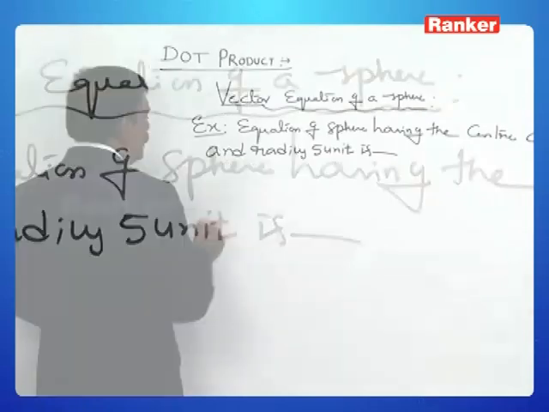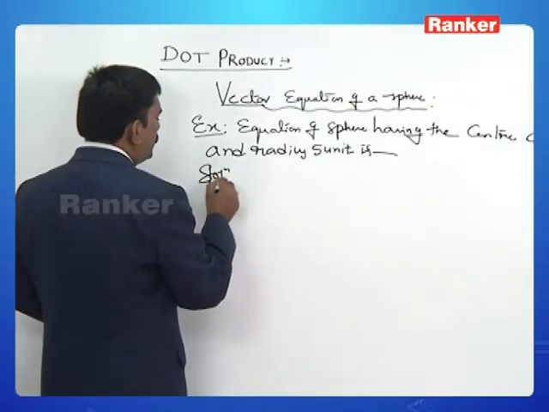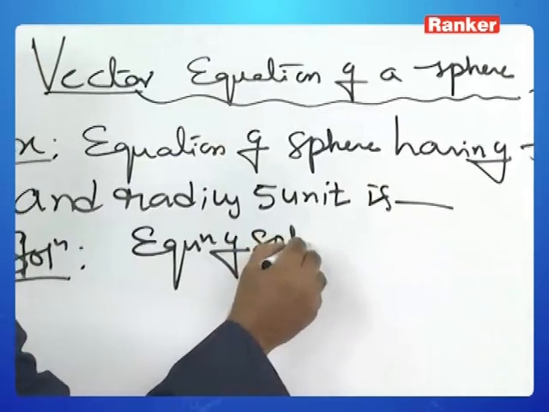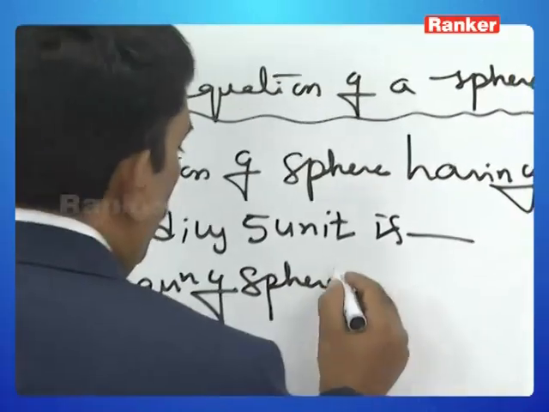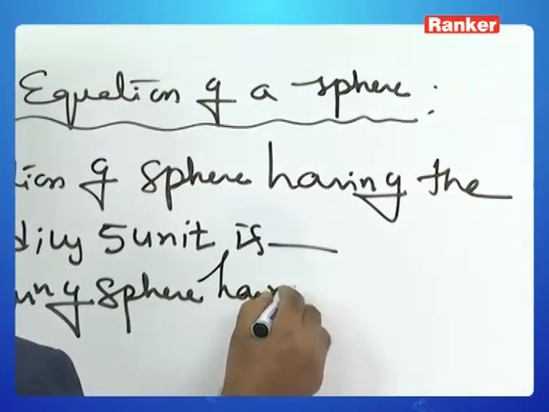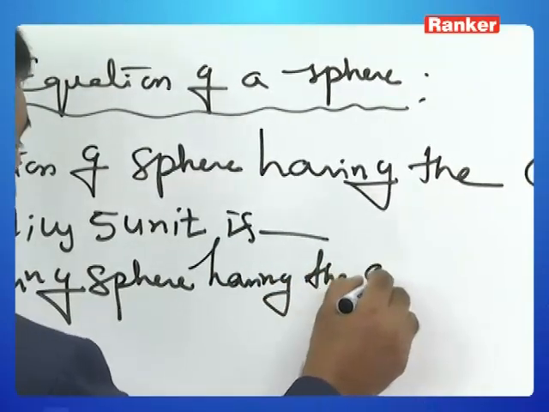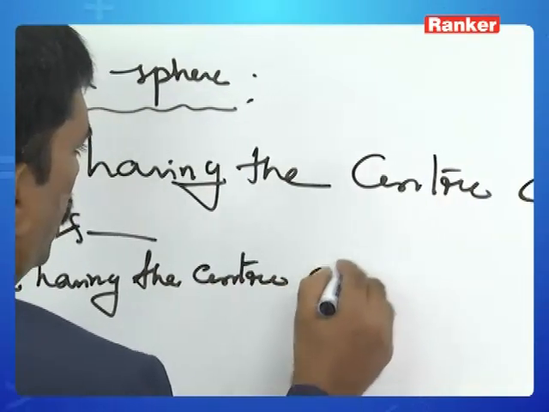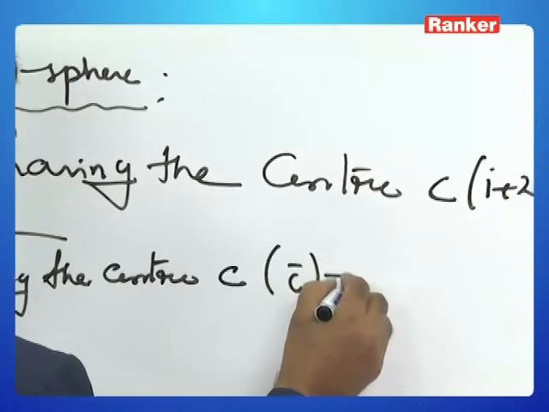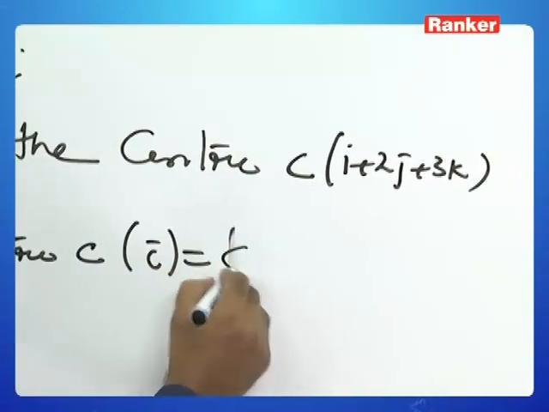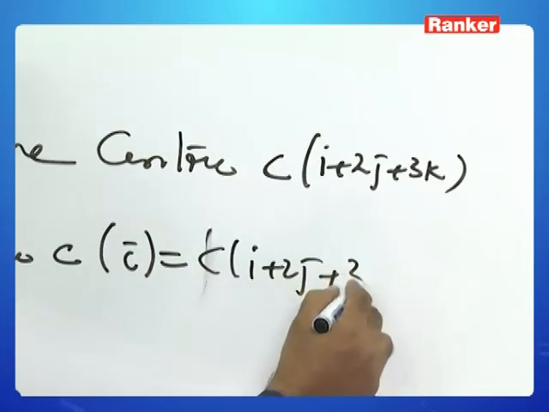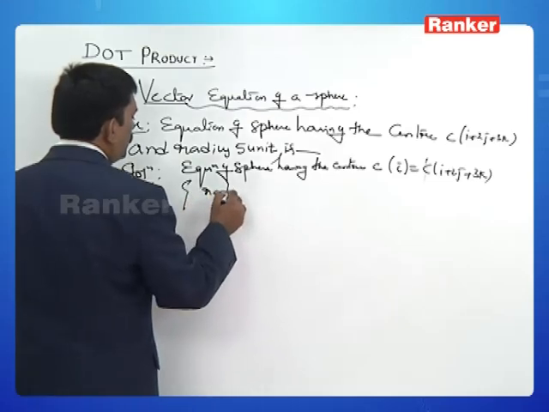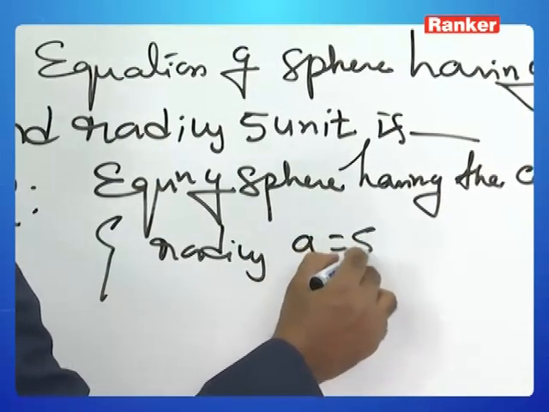The solution: the equation of a sphere having the center C of C bar is equal to i plus 2j plus 3k and radius A is equal to 5.